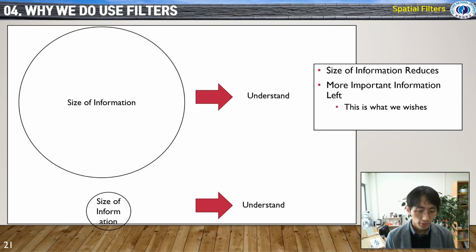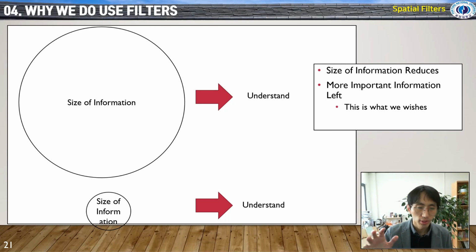But if the size of the image is too big, maybe 4K quality, then it is very difficult to run all the data with 4K data. And in a 4K image, lots of data in the image may not be necessary and may not be required to run deep learning.